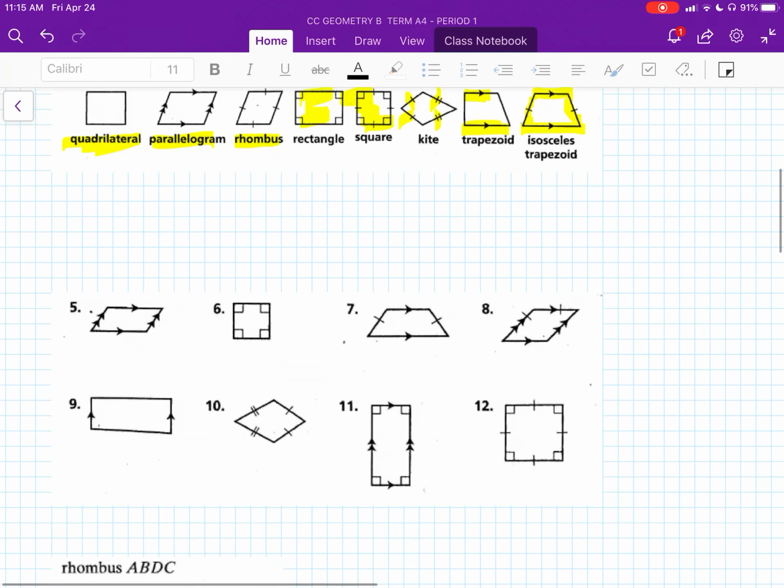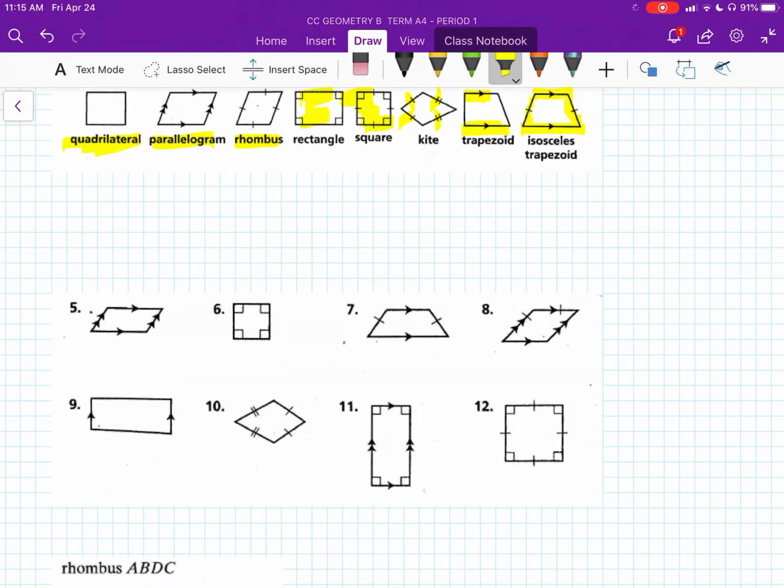So if we want to identify them, well, this first one is a parallelogram. Let's look at the picture, parallelogram. The second one certainly looks like a square, but I wasn't given any other information. It doesn't look the same as this one up here. So it doesn't have the sides, but I think they wanted us to put the sides in.